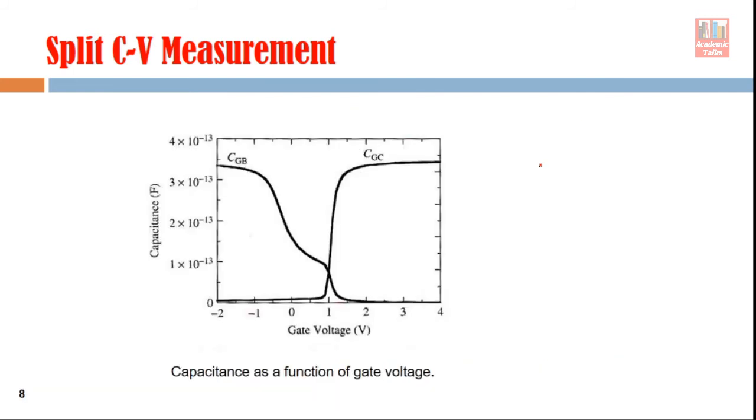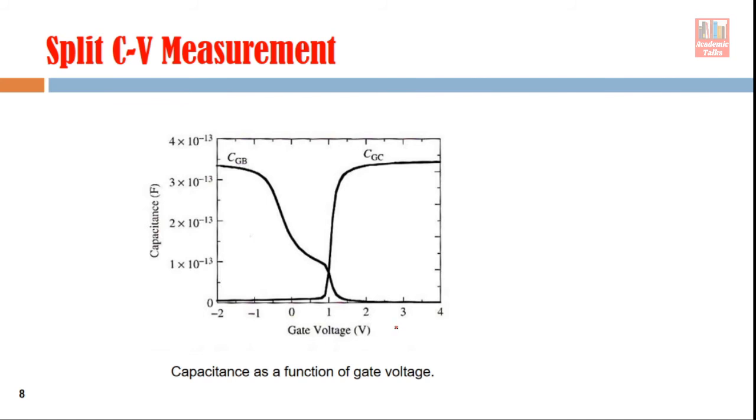Now let's move to, okay, so this graph shows the variation of gate channel capacitance as a function of gate voltage, and this is the graph of gate bulk capacitance. When the gate voltage is varied, you see here, in the positive gate voltage region, in case of an NMOS device, if the gate voltage is positive, then free carriers, or you can say channel formation, has occurred, and there are a lot of free carriers present in the channel region.